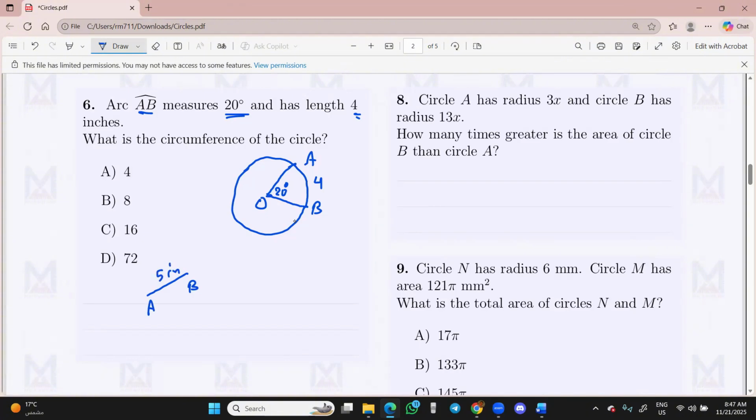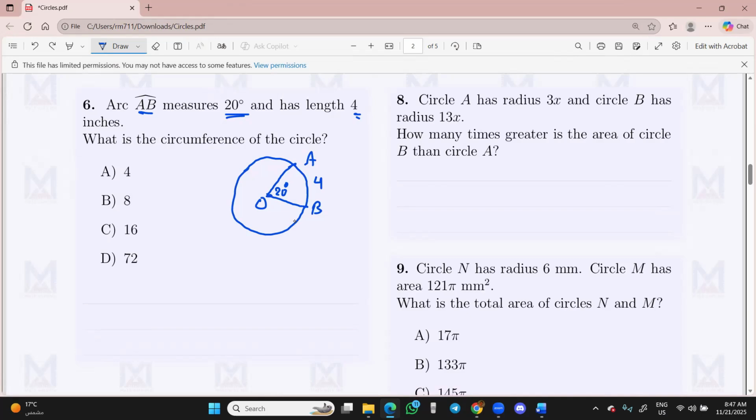So the line segment has a length. And the angle, like C, has a measure, let's say 30 degrees. So the angle has a measure, and the line segment has a length, but the arc has length and measure. So be very careful. The length should be written on the arc itself, like this 4, and the measure should be written inside on the central angle.